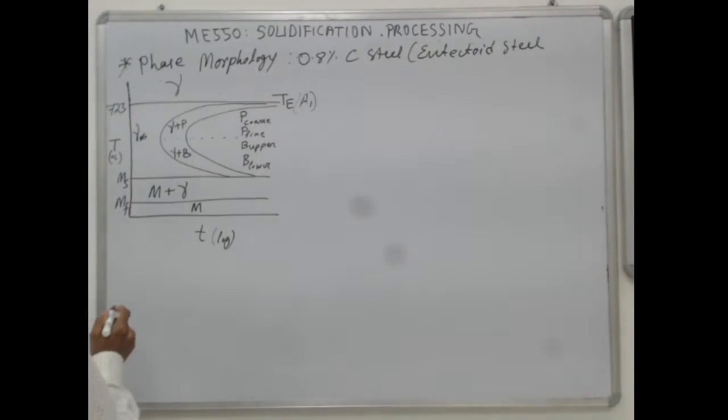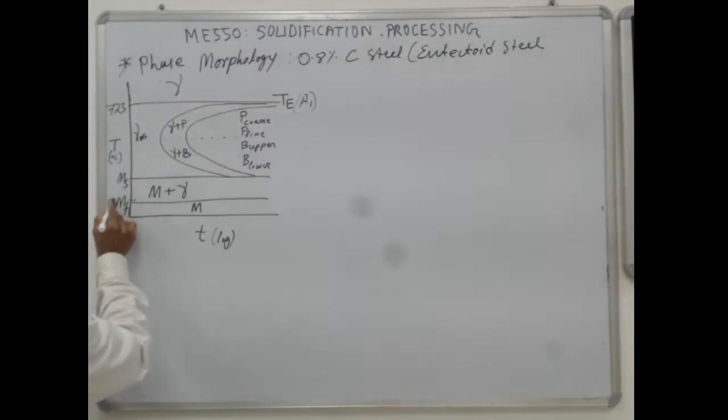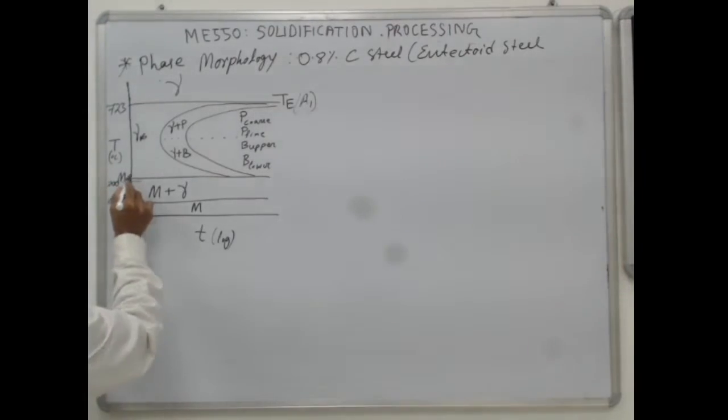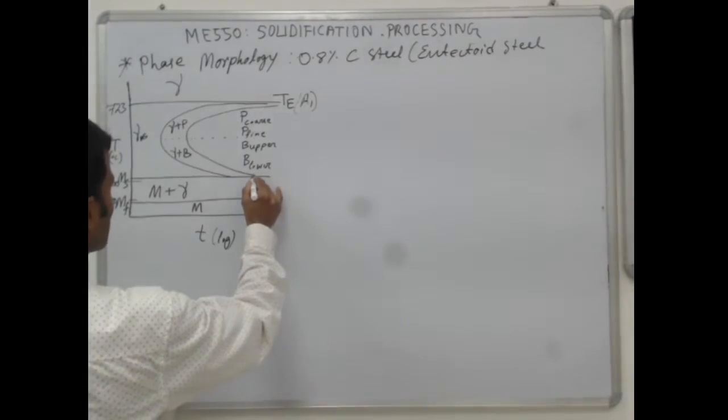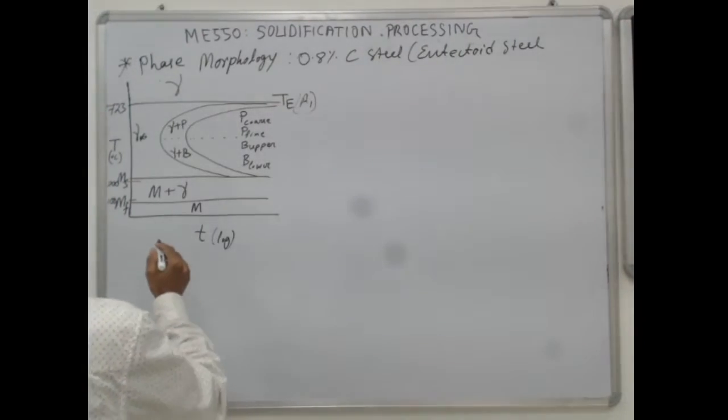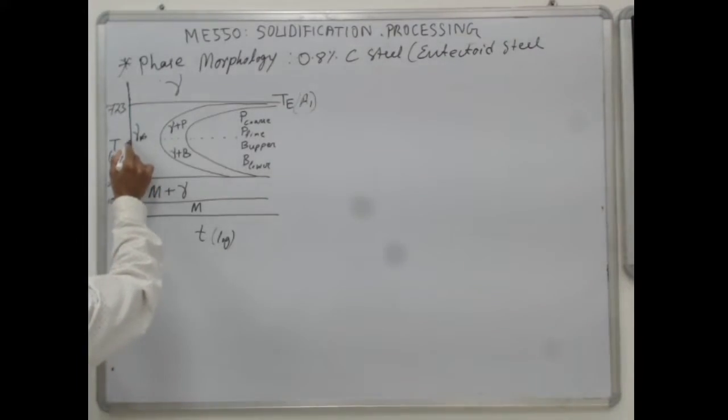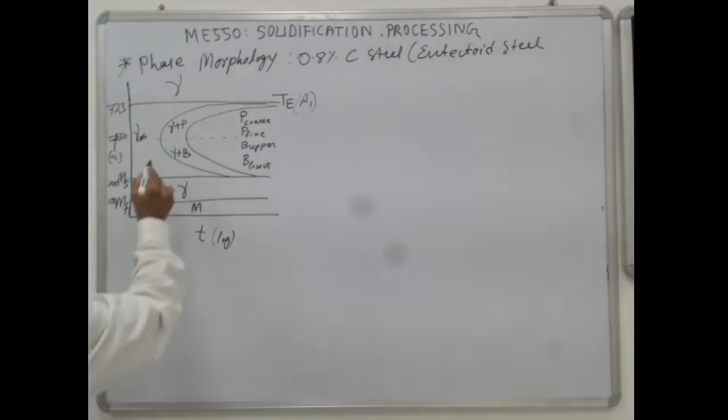The martensitic finish temperature is just below 100 degrees centigrade, and here the martensitic start will be just above 200 degrees centigrade, say 220 or 215 something like this, and this nose is around 550 degrees, approximately, not exactly.